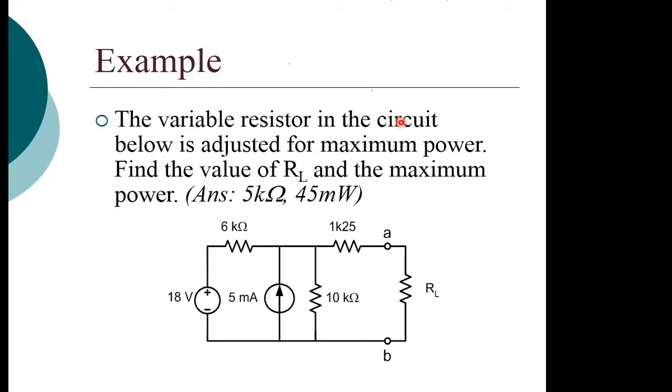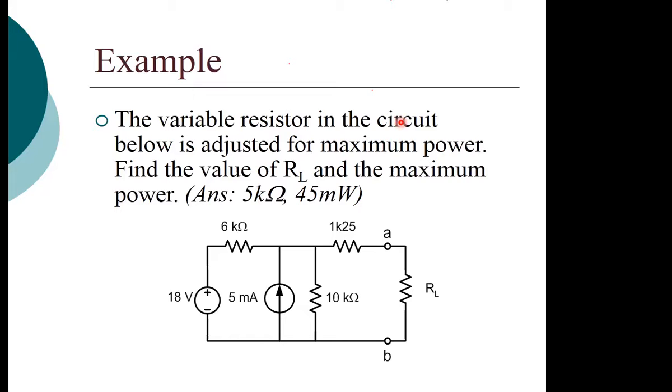So 15 over 4 is 3.75 plus 1.25 kilo ohms. That becomes my R Thevenin, which is 5 kilo ohms as you get it on the screen. Then the question says, find the value of RL and the maximum power. So for maximum power transfer, already we say RL is equal to R Thevenin, which means our RL is 5 kilo ohms. That's what we require.